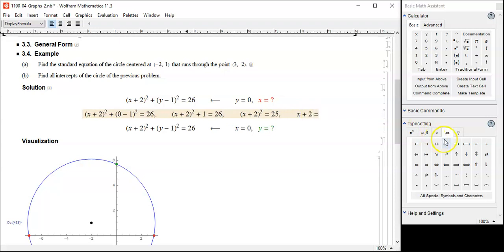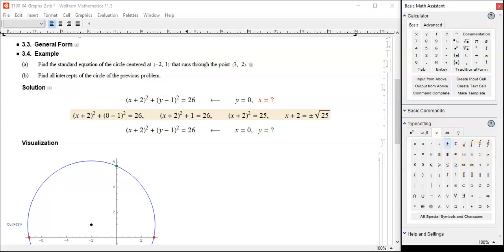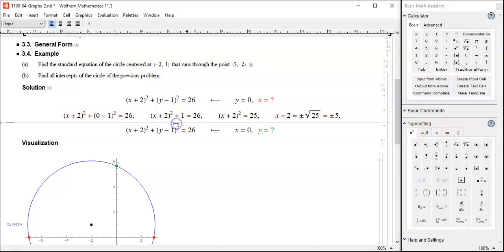It is equal to plus or minus the square root of 25. What's the square root of 25? There. The square root of 25 is 5.